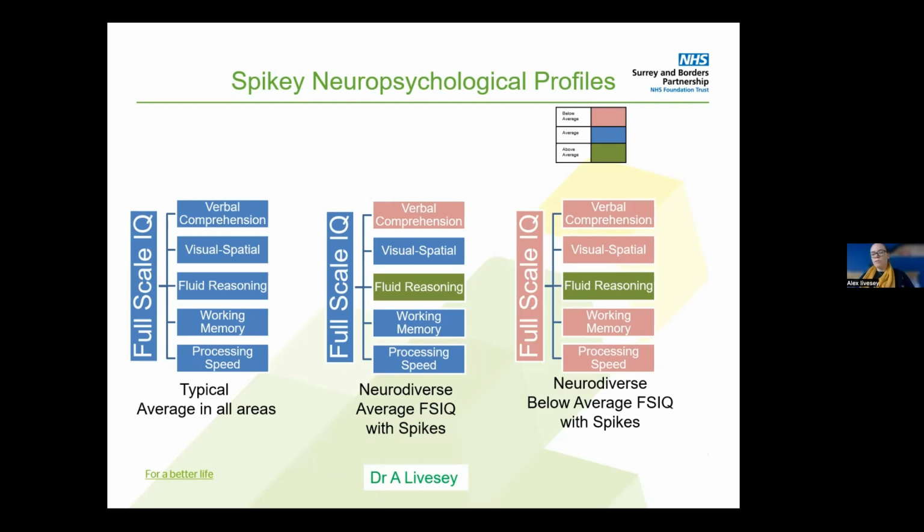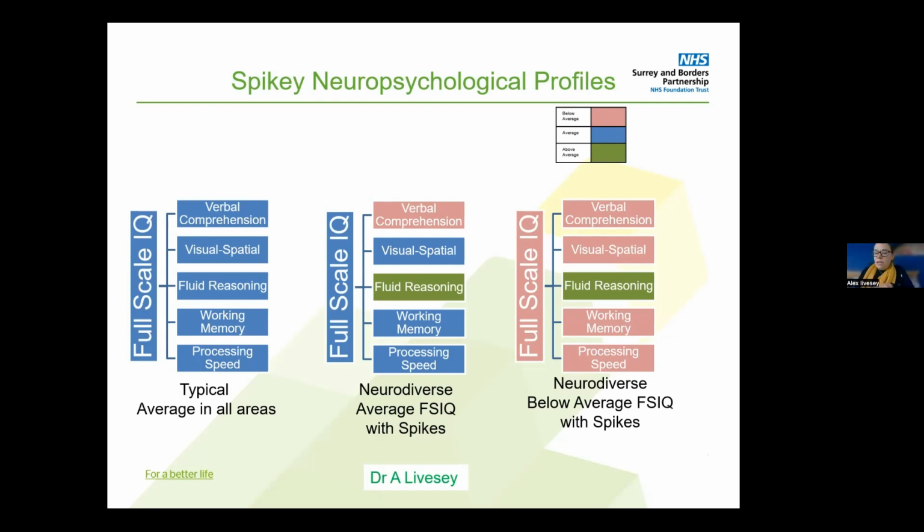The way full-scale IQ works is that it can flatten out strengths and difficulties, because it takes all those 5 different indexes and creates an average. So if you just reported the full-scale IQ for this middle person, it wouldn't be a really good reflection of their true abilities.